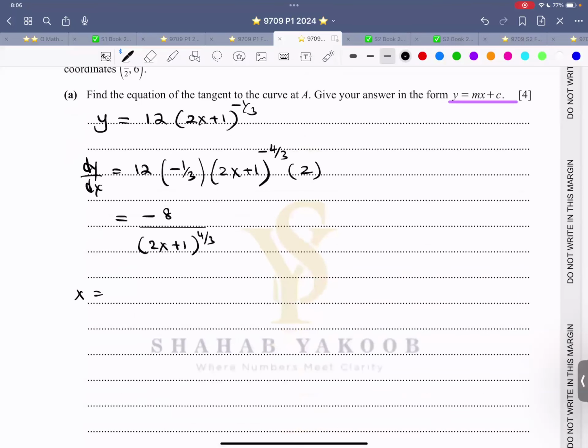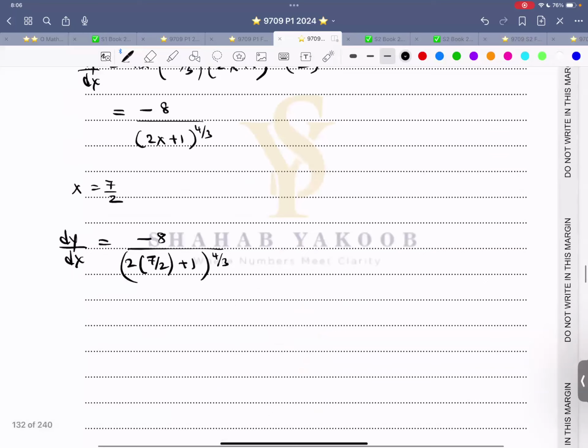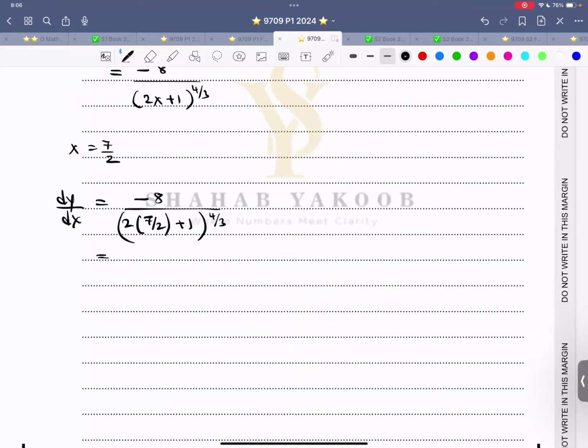Now x is 7 over 2. So therefore, dy/dx is equal to negative 8 over (2 into 7 over 2 plus 1) raised to the power of 4/3. 7 plus 1 is 8, negative 8 over 8 raised to the power of 4/3.